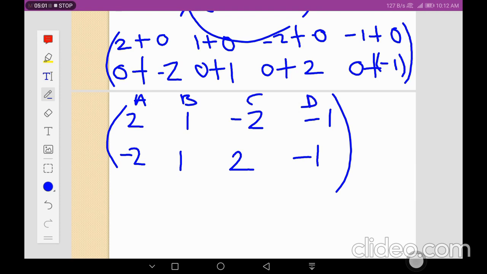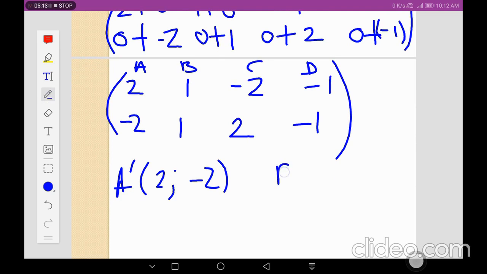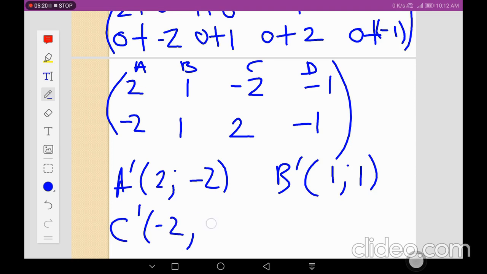The vertices become: A image is now (2, -2), B is now (1, 1), our C image is now (-2, 2), and our D is now (-1, -1). So that's for the x-axis.